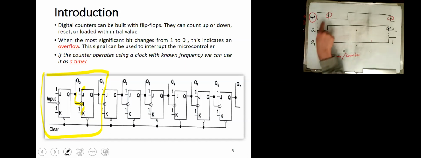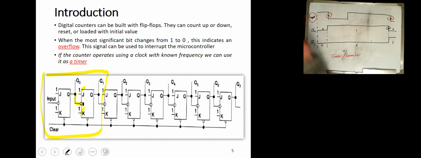For example, this could be the signal that is coming from a switch that is connected to the microcontroller, and you want to count how many times the user pressed the switch.